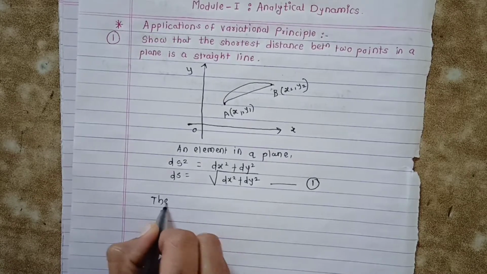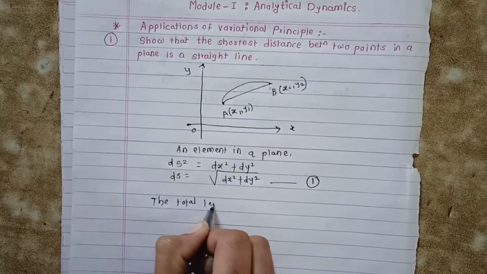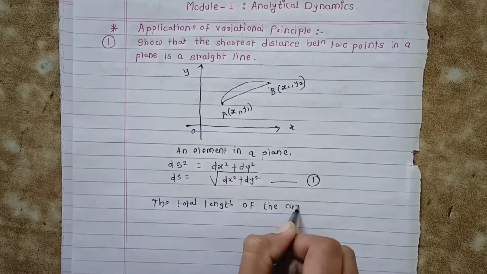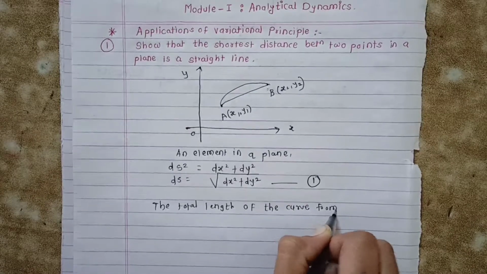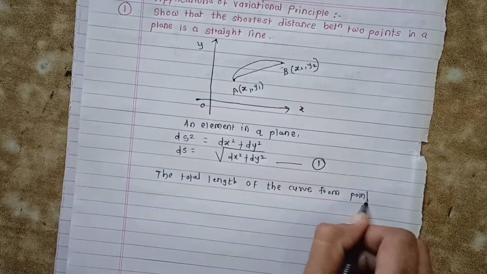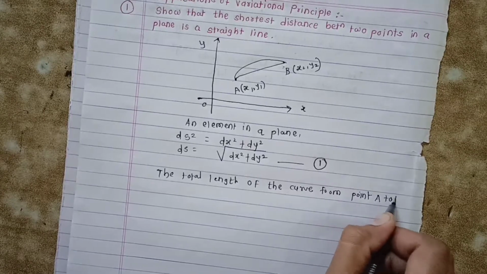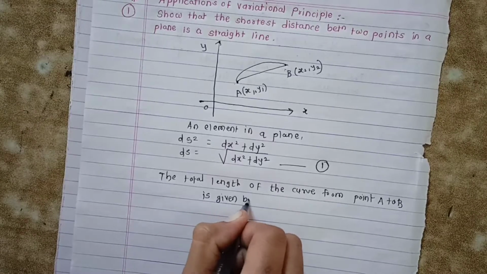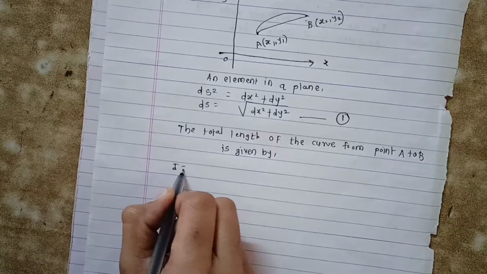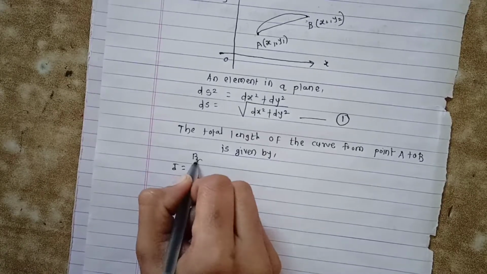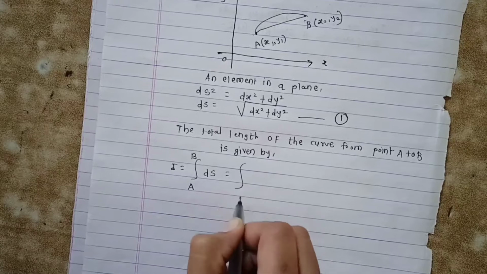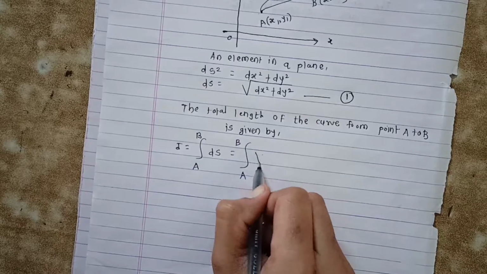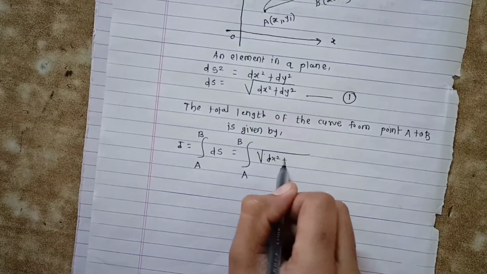So the total length of the curve from point A to B is given by I is equal to integration from A to B of ds, and ds is equal to under root dx square plus dy square.